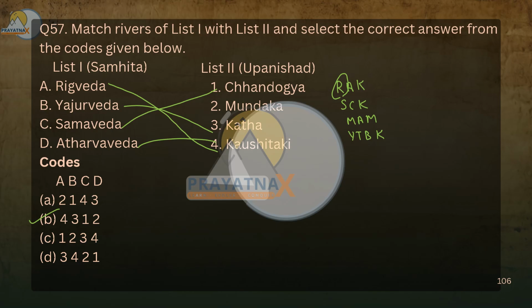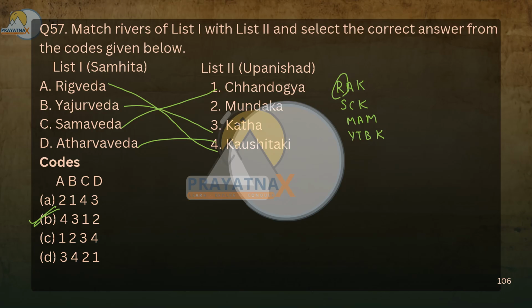SCK was related to Samaveda, Chandogya, and Kena. YTBK was related to Yajurveda, Taittiriya, Brihadaranyaka, and Kathopanishad. MAM was related to Mundaka, Atharvaveda, and Mandukya. So the correct answer for this would be option number B.